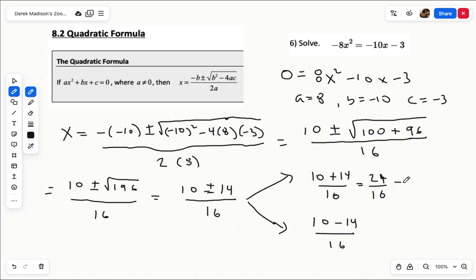And 24 over 16, if I reduce by 8 on both, that would be 3 halves. 10 minus 14, that would be negative 4 over 16. And simplifying 4 out of both of those will leave me negative 1/4.